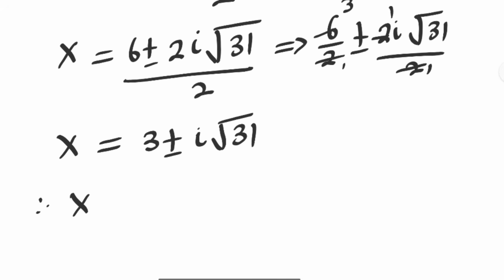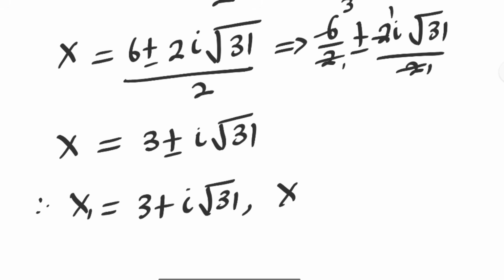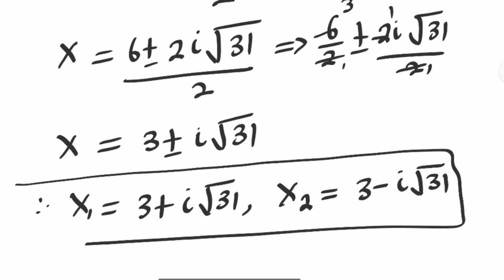Therefore, x1 is equal to 3 plus i root 31, comma, x2 is equal to 3 minus i root 31. These are the values of x.